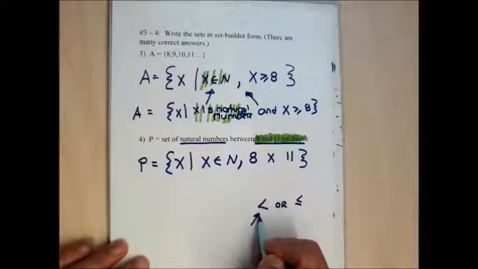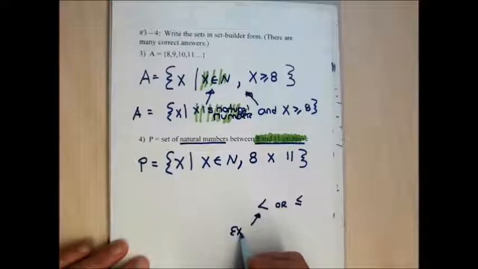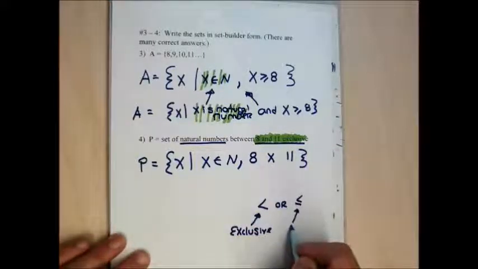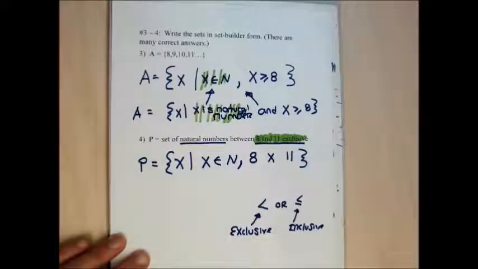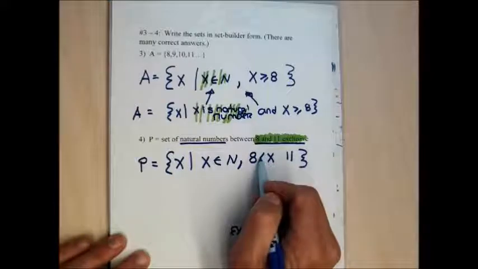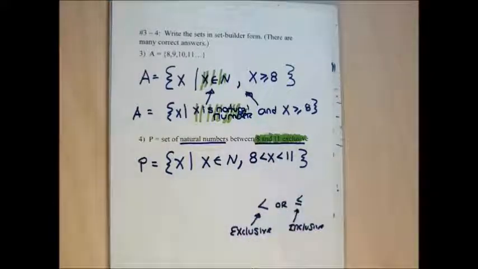Less than would definitely fit when the word in the problem after the numbers is exclusive. Less than or equal to would be the symbol that I would choose if this word was inclusive as opposed to exclusive. Because it's exclusive, I'm just going to put less than signs.